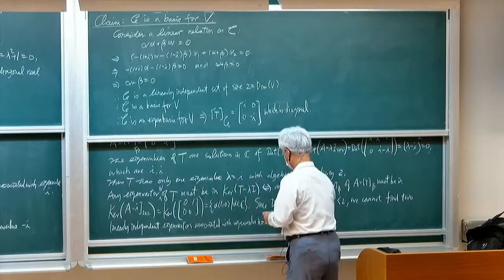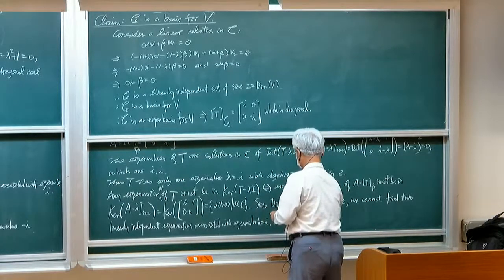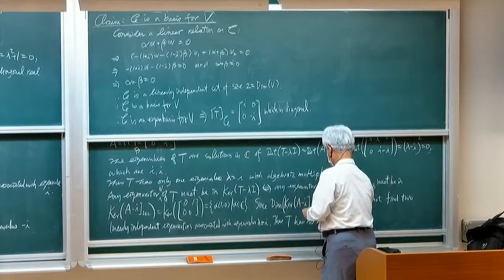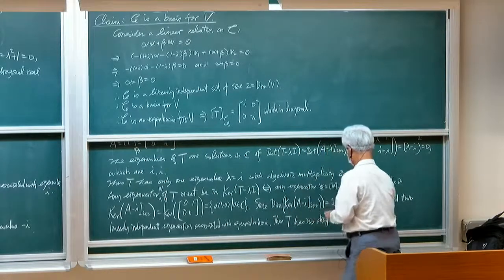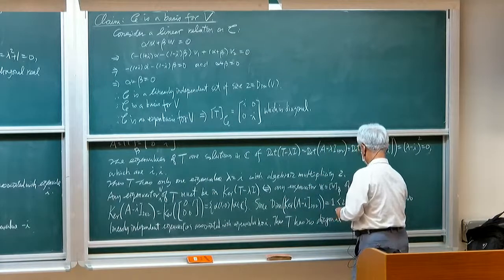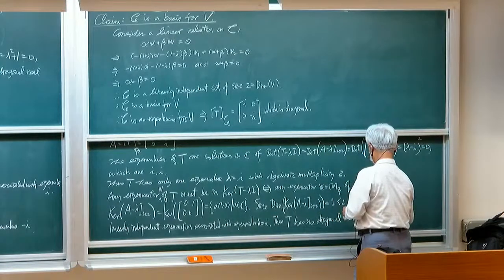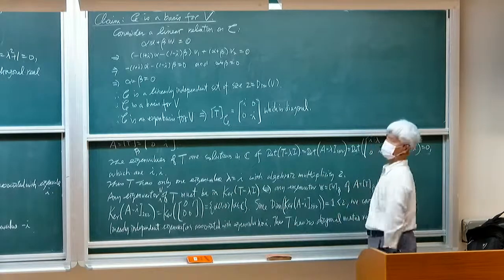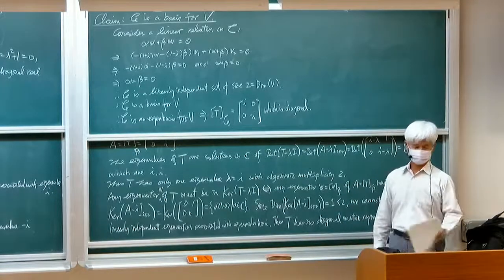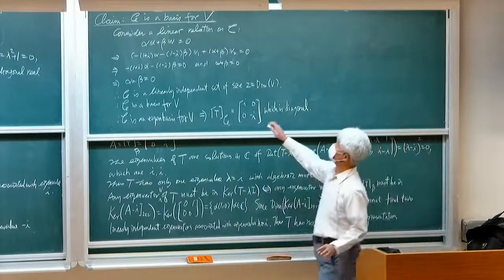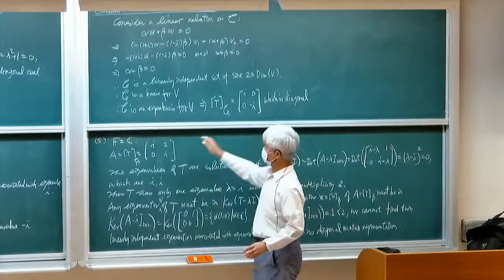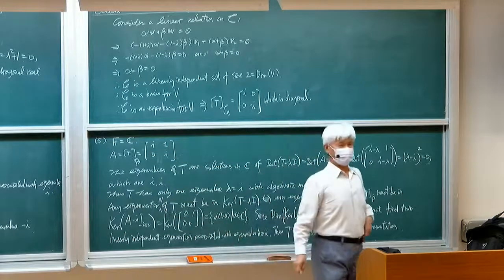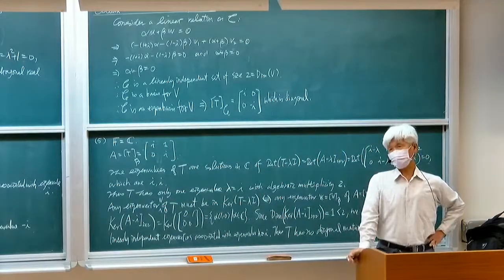So the conclusion is that T has no diagonal matrix representation. So even when we go to the complex case, we may encounter the situation that we are short of eigenvectors.